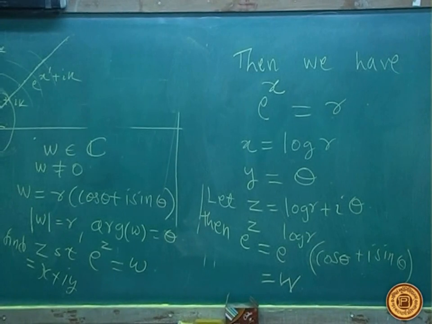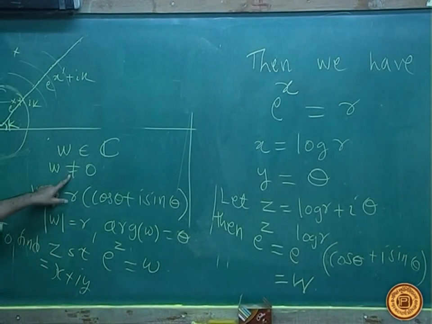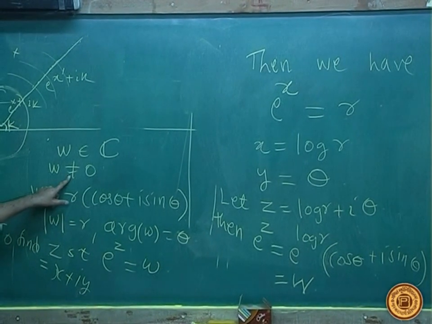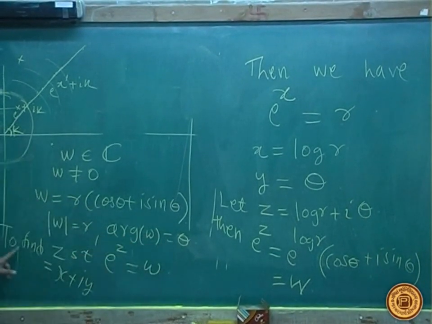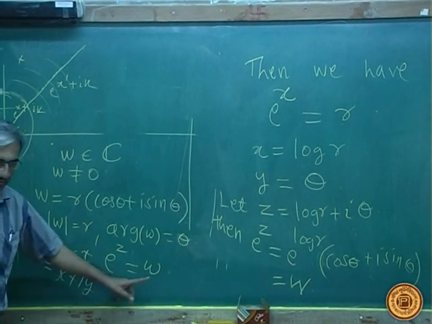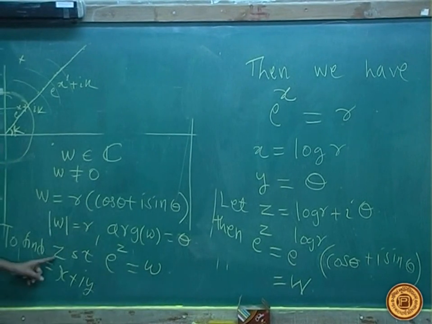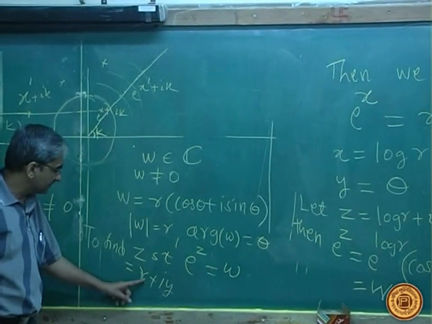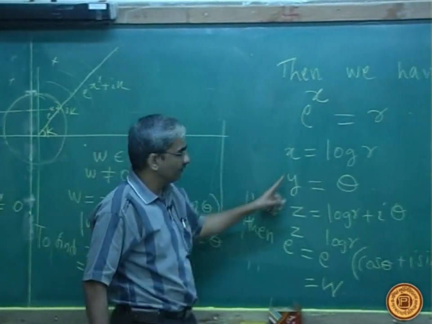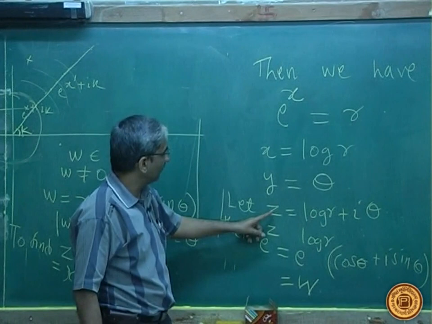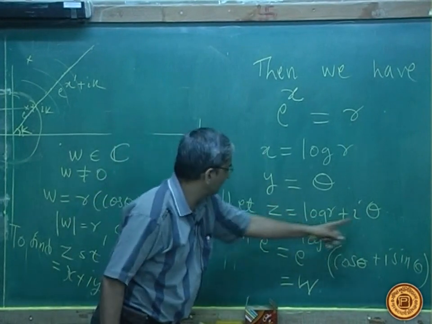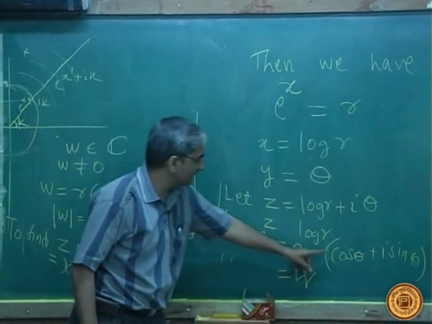So I have proved that if w is given non-zero complex number, so I can write in the polar form, then mod w is r, argument w is theta, then we want to find z such that e to the power z is w. So I want to find x and y, z means. So I take x as log r and y is equal to theta. If I take that and form x plus iy, that is log r plus i theta, and apply definition of e to the power z, I get this.